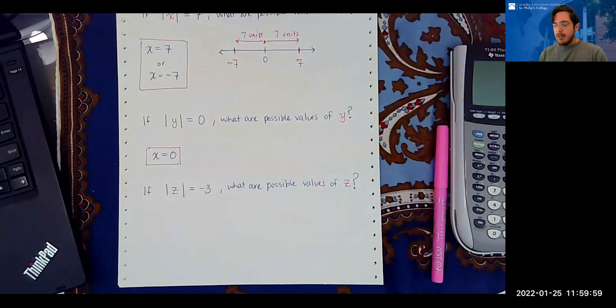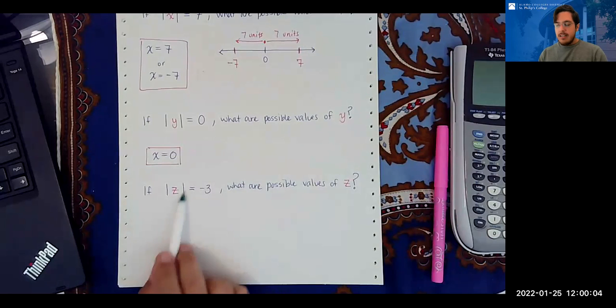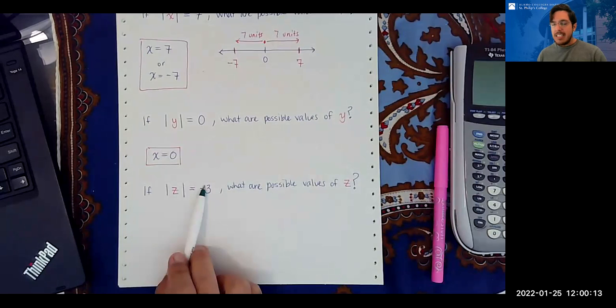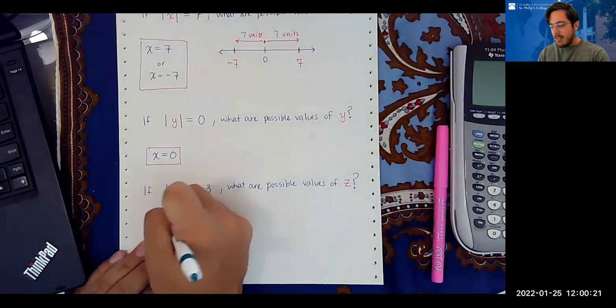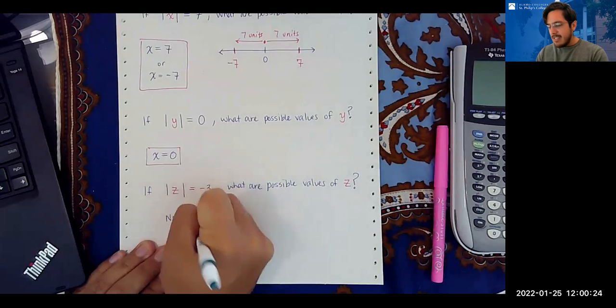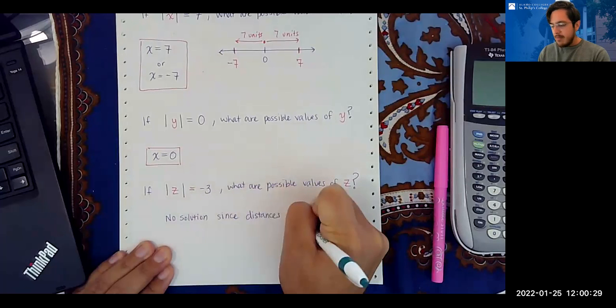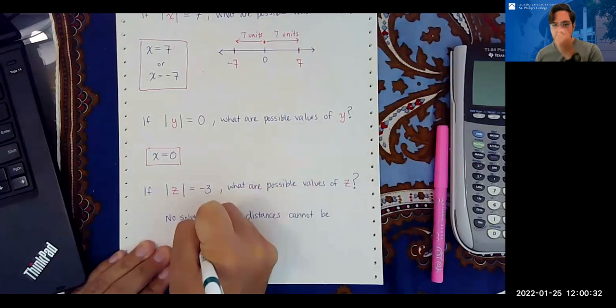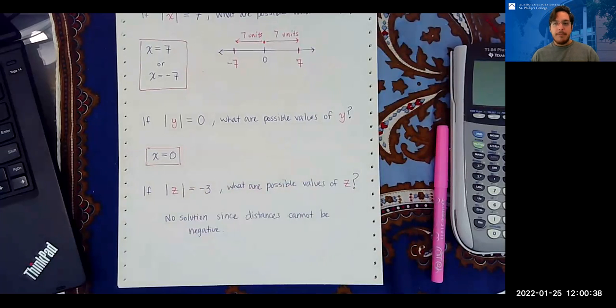This is saying that if we have some number and its absolute value is -3, the absolute value of this number is negative. But we don't measure distances in negatives. Distances can only be positives. Well, we would say that this problem has no solution, since distances cannot be negative. So you have to be really careful. They might try to trick you up with a problem like that. Okay.